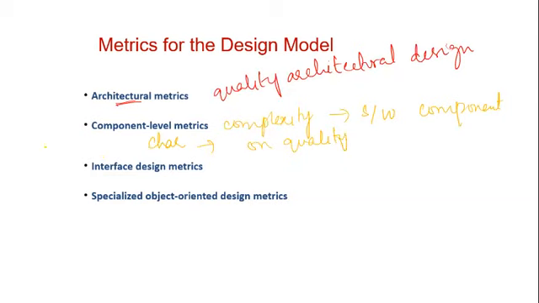So this component level metric, as the name suggests, component, is going to identify how complex the particular software component is. And if, apart from the component, there are also some characteristics that have a main focus upon the quality, you're also going to identify the complexity of those different characteristics also.